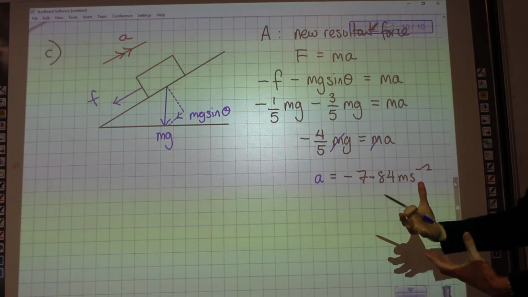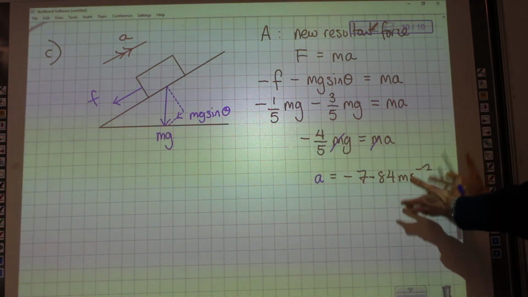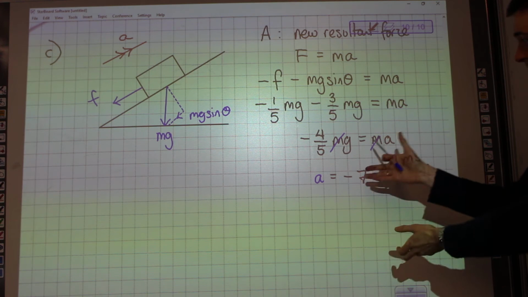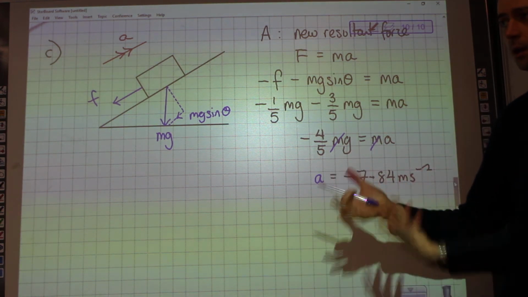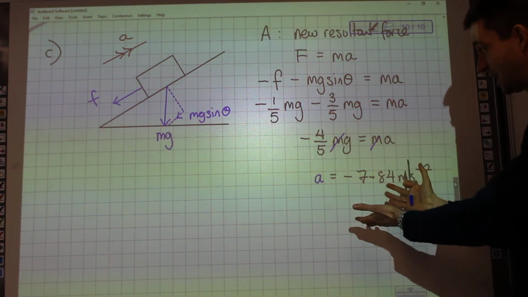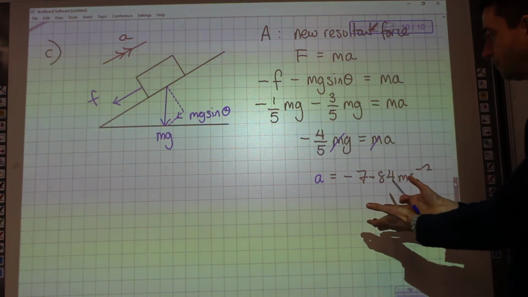So once B hits the ground, A will now decelerate. We should be happy with that answer coming out negative because we think, okay, well what's going to happen if there's no more force pulling it up? Well, it's slowing down, so it must have a negative acceleration, it's decelerating.